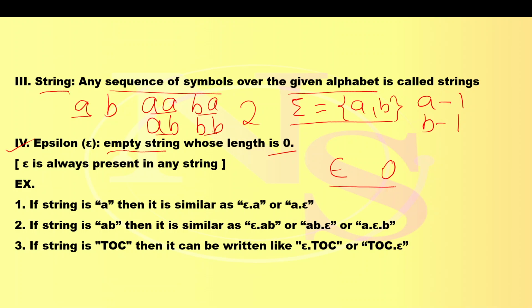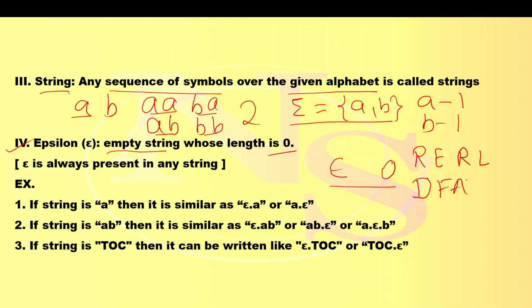At this moment, it will be difficult to understand what's the use and application of this. But let me tell you, epsilon will be useful when we learn regular expressions or regular languages. Also, epsilon will be useful when we design deterministic finite automata in the next few sessions.